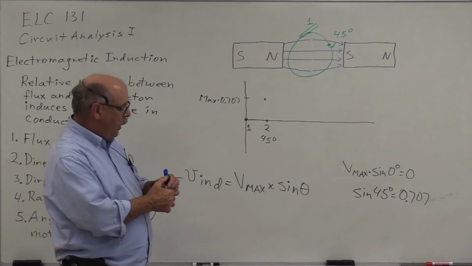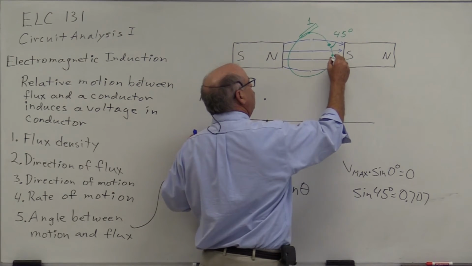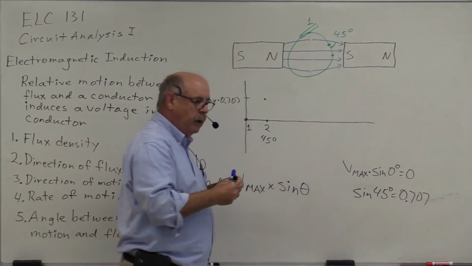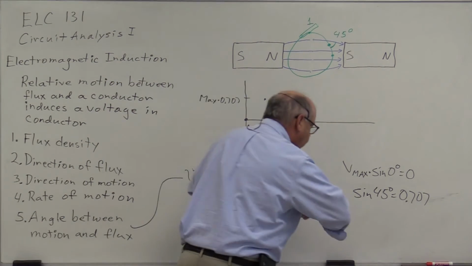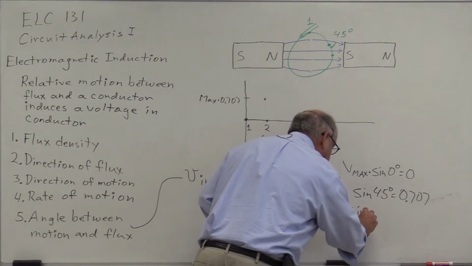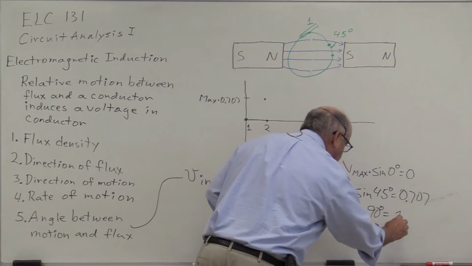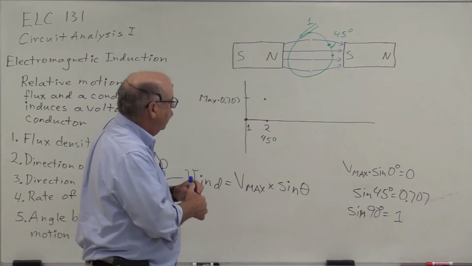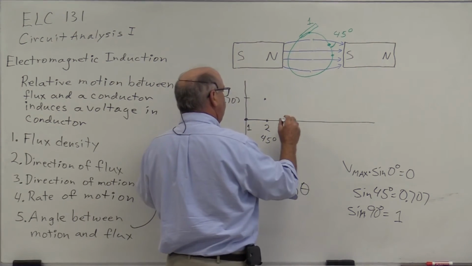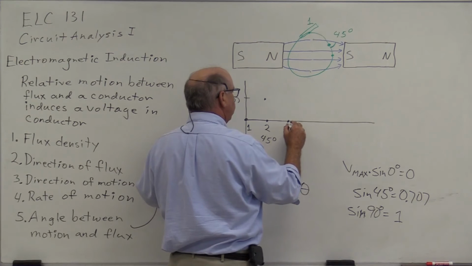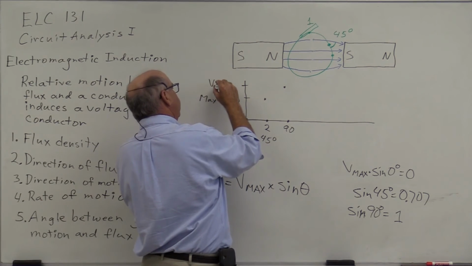And as I move around the circle to this point, where the angle between the flux and motion is 90 degrees, the sine of 90 degrees equals 1. So at this third point, at 90 degrees, we will induce V max.